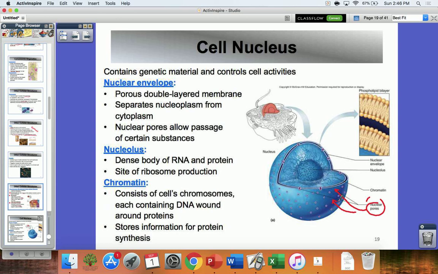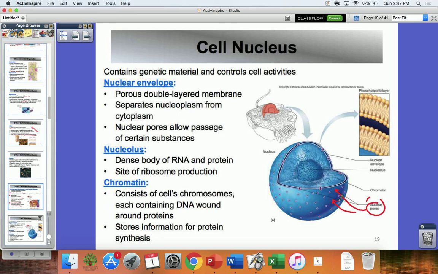And then our nucleolus, found in the center of the nucleus, and this is where you will find our ribosomes being produced. So ribosomes are produced in the nucleolus. They will then have to leave eventually, and they exit via the nuclear envelope or the nuclear pores within the nuclear envelope.